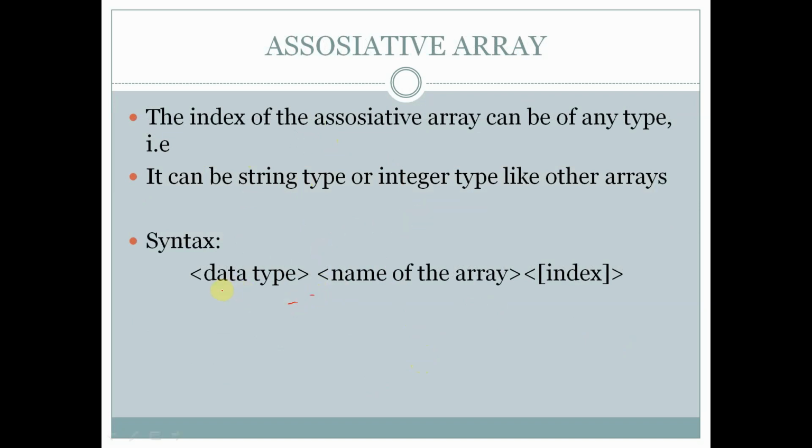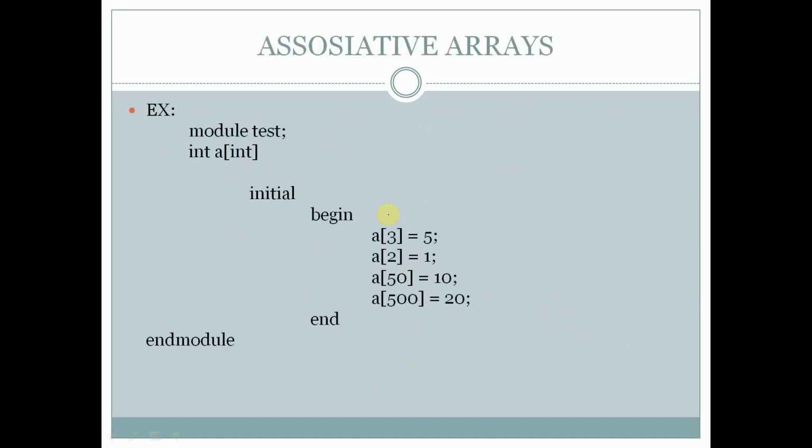The syntax is as follows: data type, then the name of the array, followed by the index. Let's see an example here. Suppose we write a module test and here we declare an associative array.